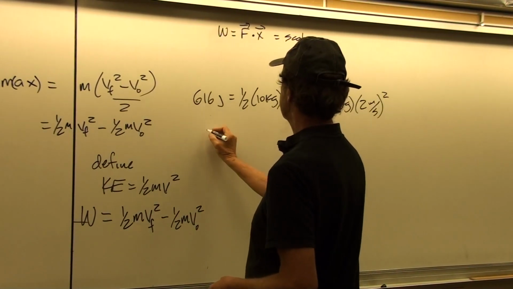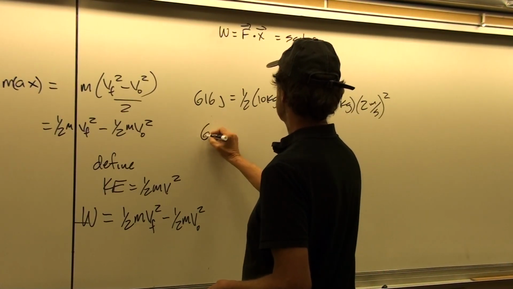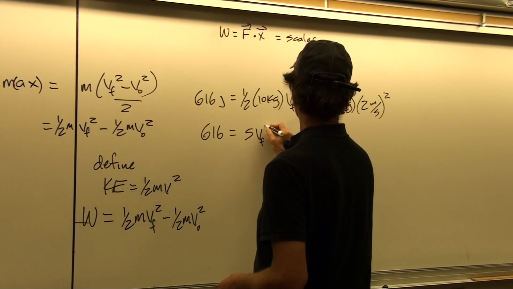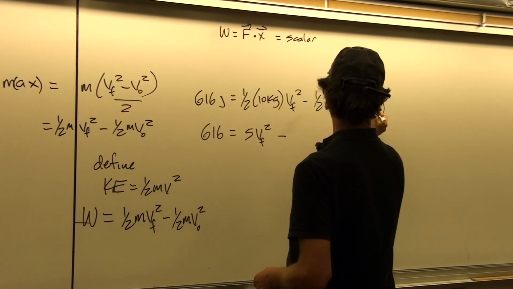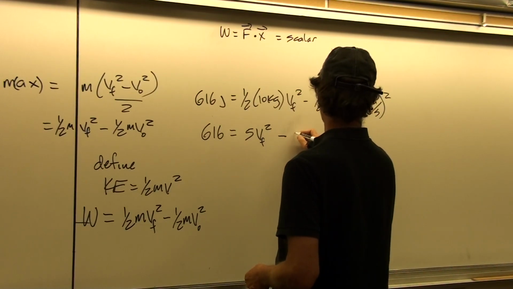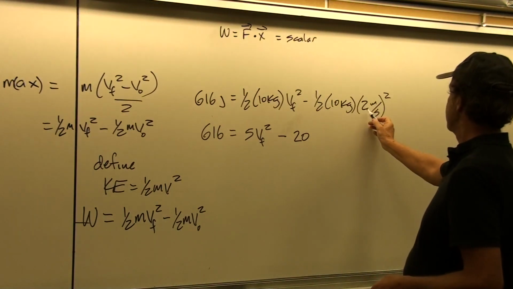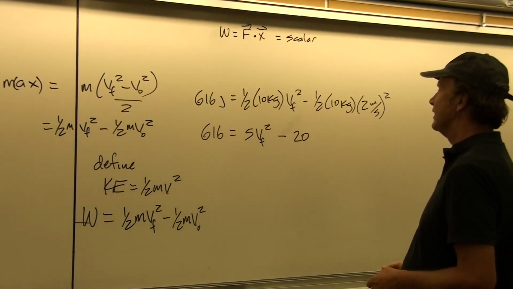Okay, so I'll crunch this down to a number now. 616 equals 5 v final squared minus, this is 5 times 4 is 20. Right? 2 squared is 4 times 5 is 20.